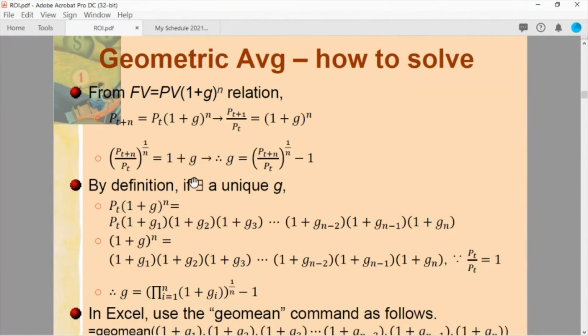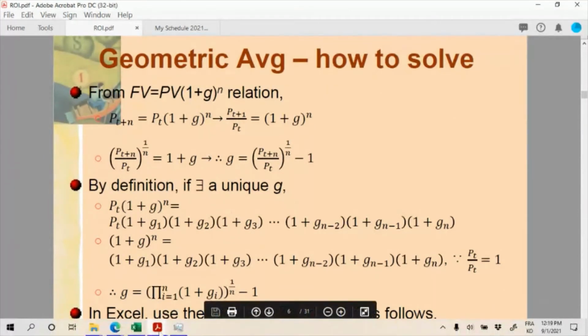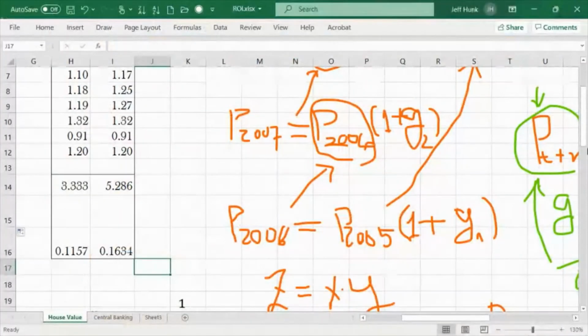The formula for the geometric average is (P_{t+n} / P_t) raised to the power of 1/n, minus 1. So that's basically the growth rate, but also G, that stands for geometric average, right?